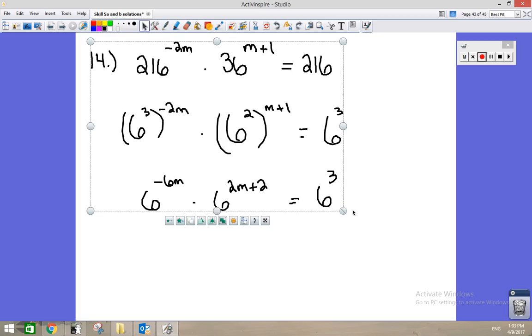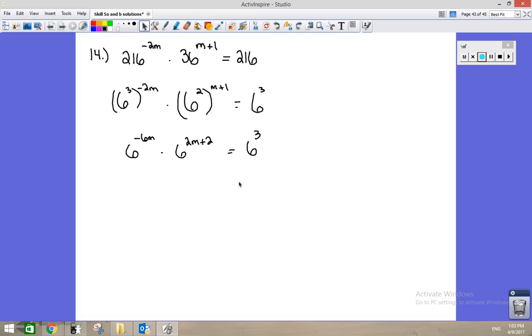We're multiplying these two exponential functions that have the same base. So by properties of exponents, we add these exponents. Negative 6m plus 2m is a negative 4m.